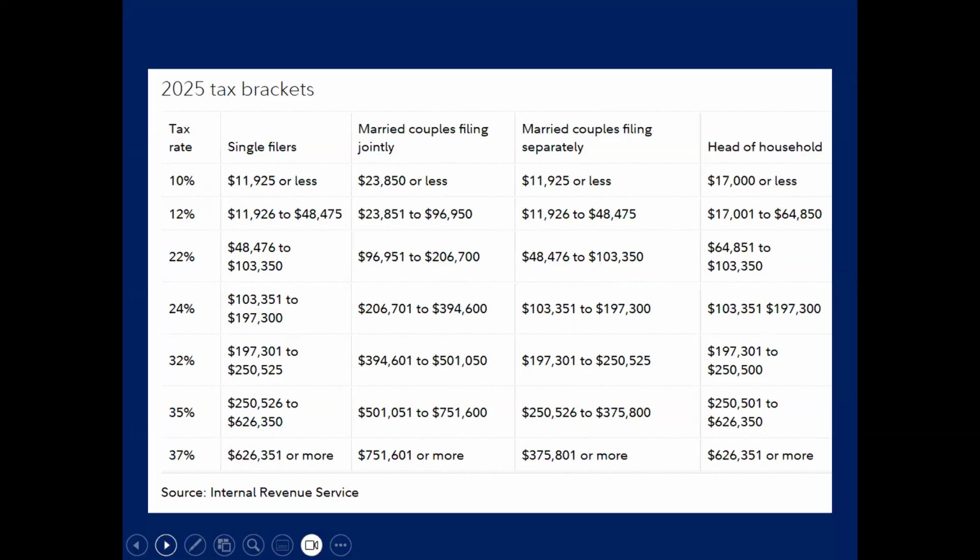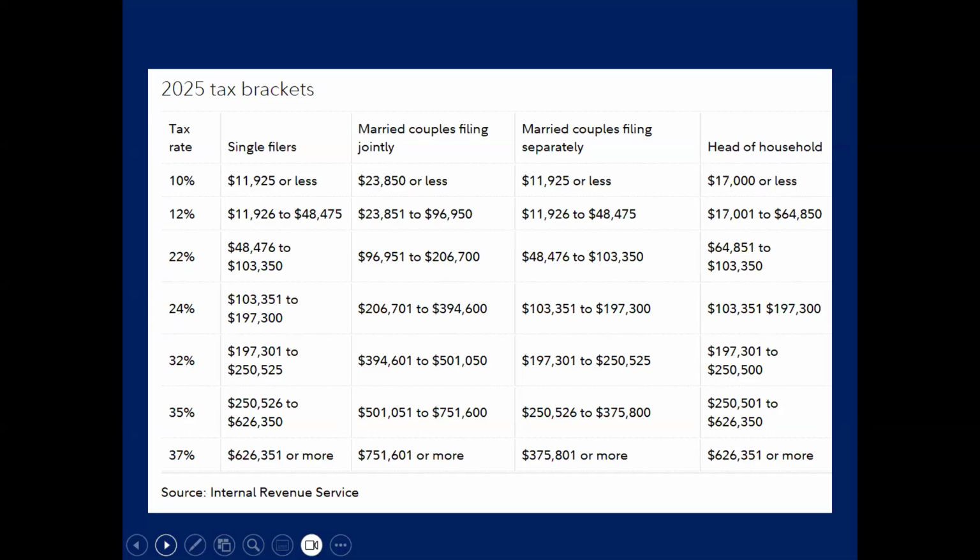So, let's just say you're married, filing jointly, the first $23,850 of your income, you pay 10% on, right? And then gradually, as you make more money, you move through the various tax brackets: 10, 12, 22, 24, 32, 35, 37.